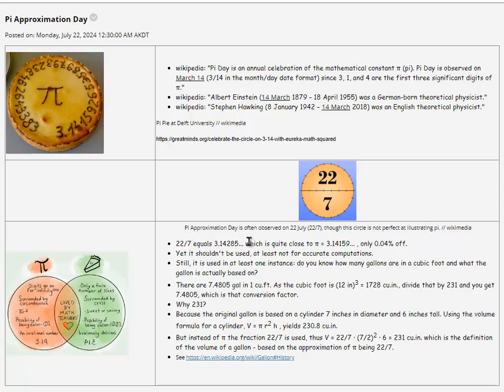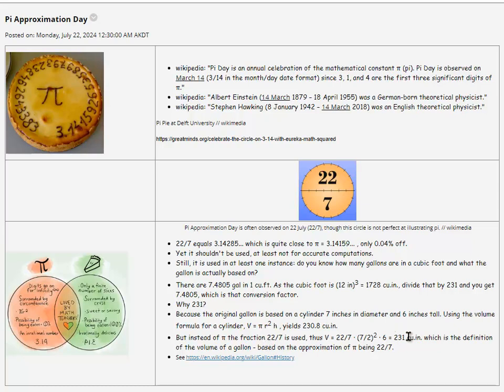So if you read through this one here, the original gallon from 300 years ago, you can read about that in this Wikipedia page, The History of the Gallon, is based on a cylinder that's 7 inches in diameter and 6 inches tall. Using the actual pi, 3.14159, you come up with 230.8 cubic inches. Except they didn't do it that way. What they used for pi was the approximation 22/7. So it's a little bit off, 0.04% off, as it says here.